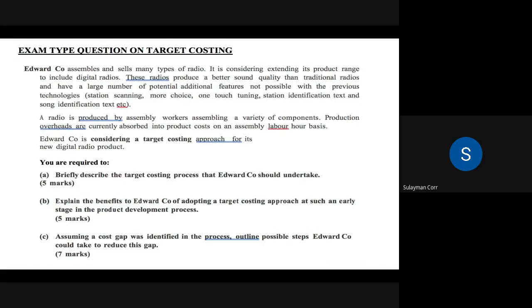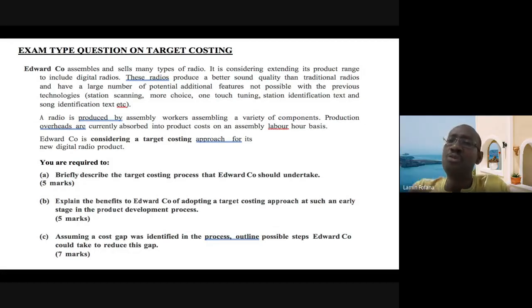This could be the difference between the target cost and the assumed cost. Exactly, the assumed cost or the budgeted cost using your current costing technique, either ABC or absorption costing. Mr. Danso, it's not actual cost. When you talk about actual, that means that's actual.